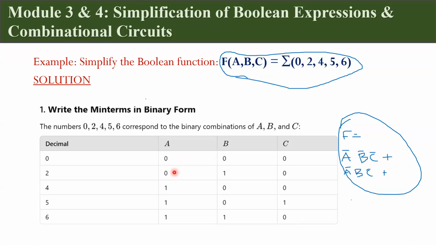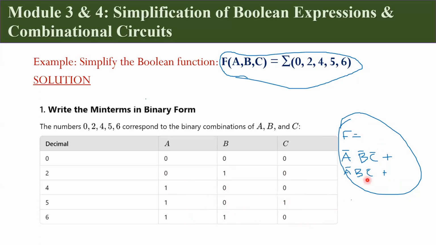Then plus the next one, A bar, B, C. Is that okay? Then plus the third one, A, B bar, C bar. The next one will be plus A, B bar, C. Plus the last one, A, B, C bar. So that is the function represented this way.